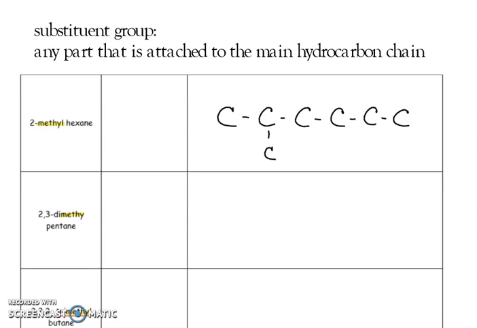The first carbon only is making 1 bond, so it can have 3 hydrogens attached to it. The 2nd carbon that the methyl group is attached to is currently making 3 bonds. Those 3 bonds connect that 2nd carbon to the methyl group and to the preceding and following carbon. So it can only accommodate 1 hydrogen.